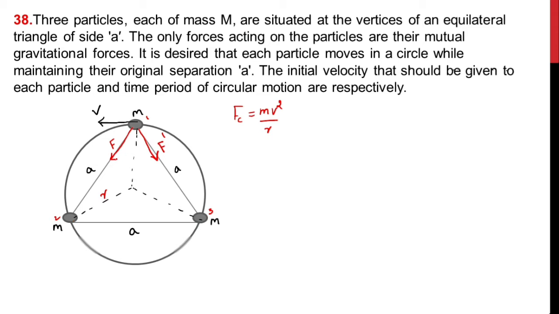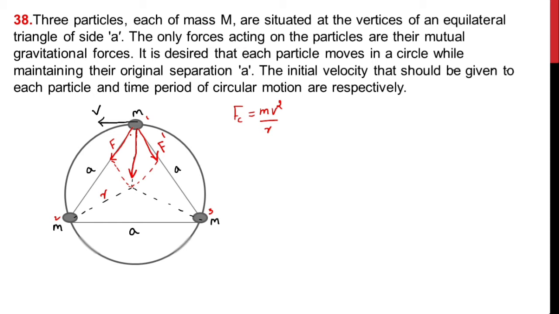So what is the resultant of these two forces? Using the parallelogram method, we can construct the parallelogram, and the resultant force will act in this direction, towards the center.